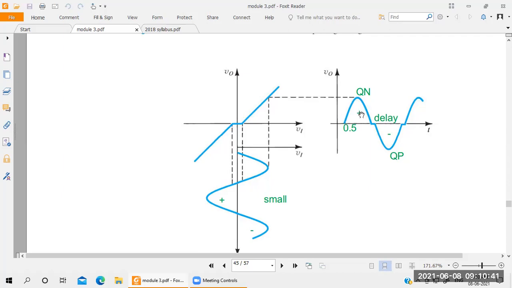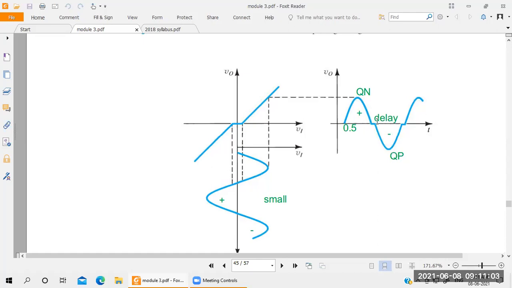Once you get the positive cycle, again you get a delay, because we need to switch on the PNP transistor. After switching on the NPN transistor, you have to switch on the PNP transistor. There is a delay in switching from the NPN transistor to the PNP transistor. That's why you're getting a delay.